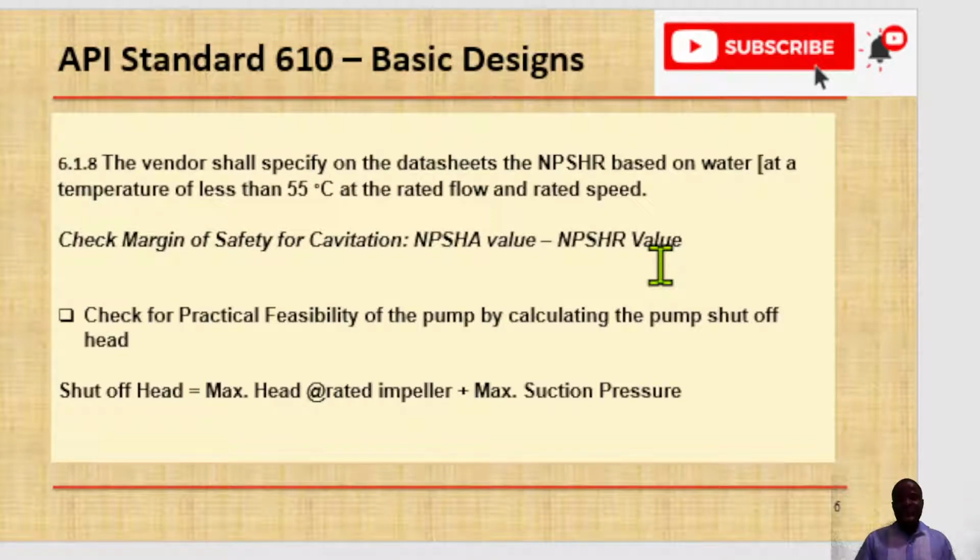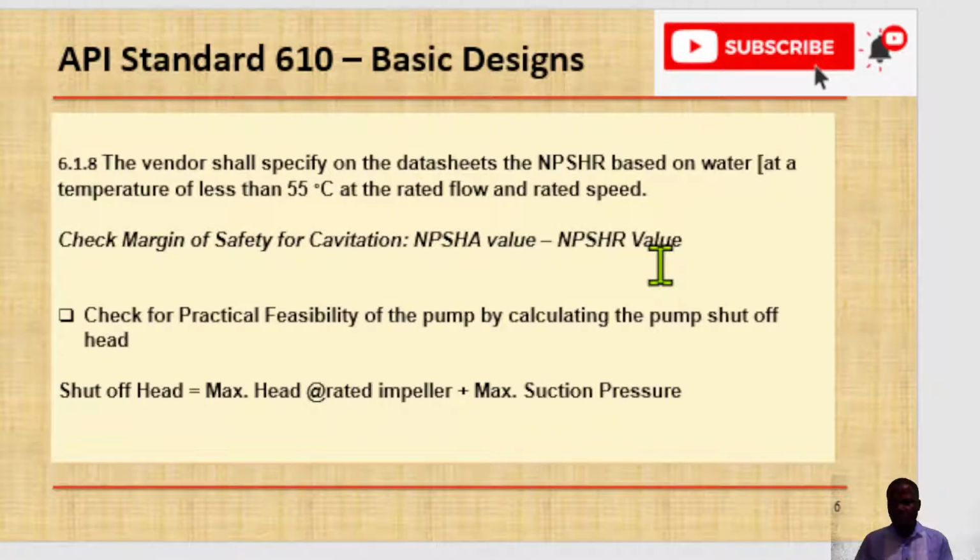All right. Now another thing you check for during the technical evaluation of mechanical data sheets before you procure your centrifugal pump is the practical feasibility of the pump by calculating the pump shut-off head. The concept of pump shut-off head has been discussed in our previous session.